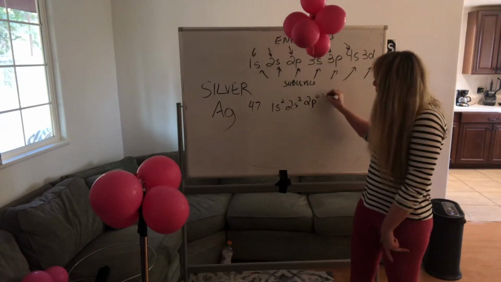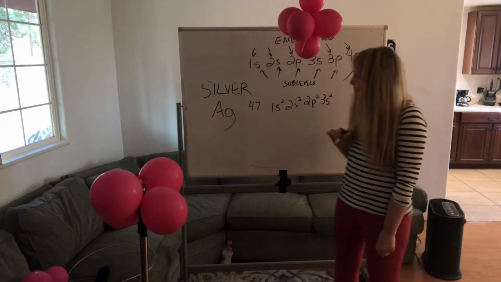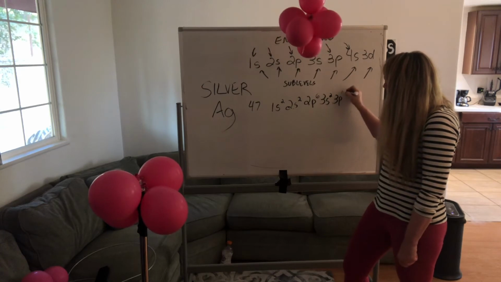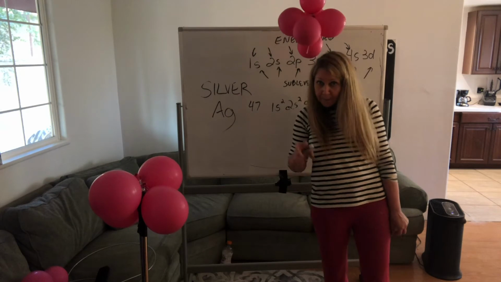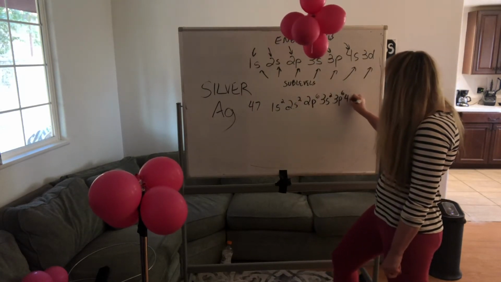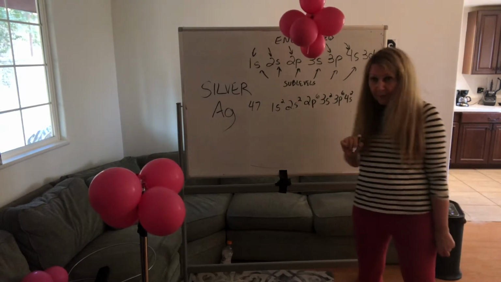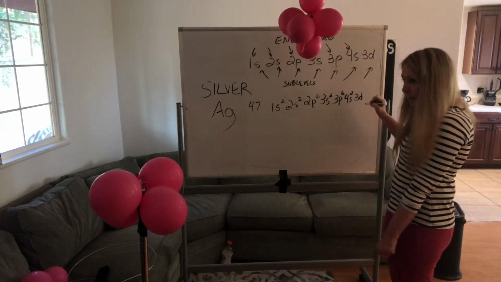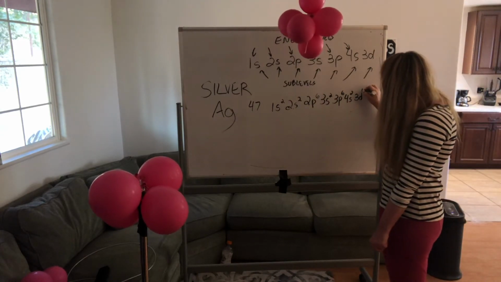The next one, 3s, can hold 2. So now we have 35 electrons left. 3p can hold 6. So now we're down to 29. 4s can hold 2. 27 left. 3d can hold 10 electrons.